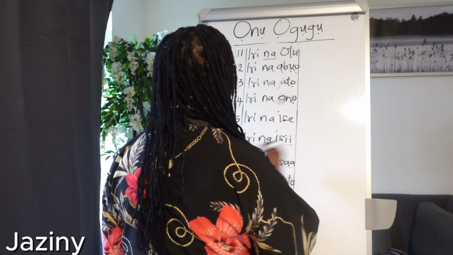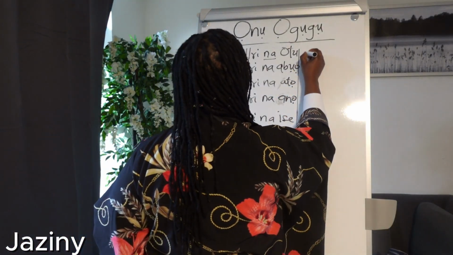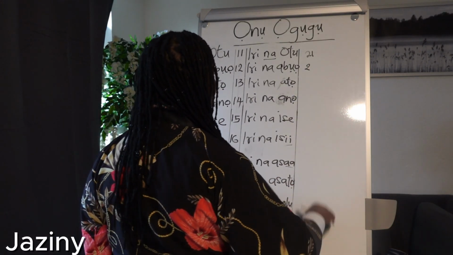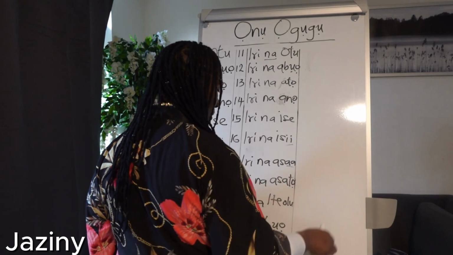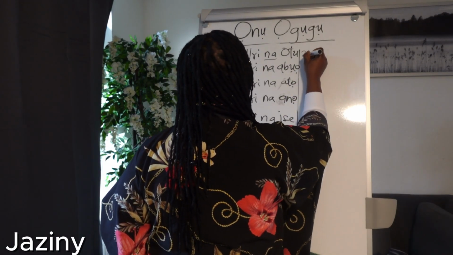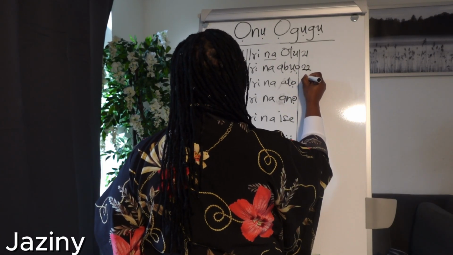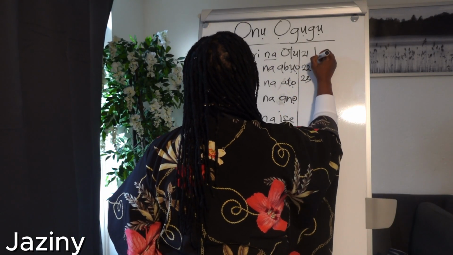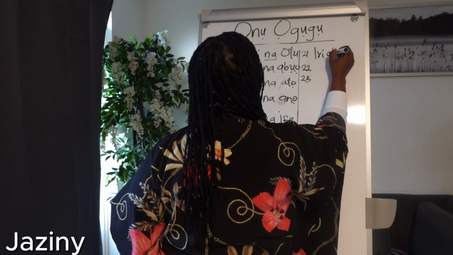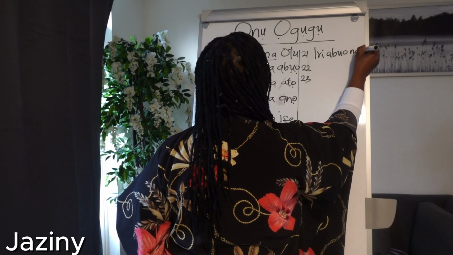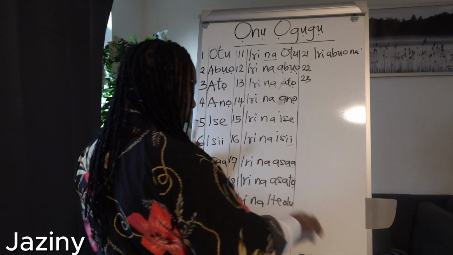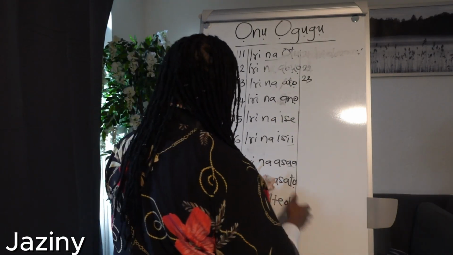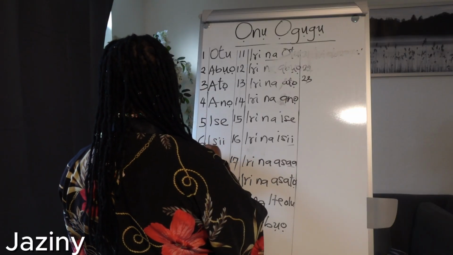So I will need space here because I'm going into 21, 22. Let me maximize my space. 21, 22, 23. Let me see if this space will be enough. We have iri abo na otu. I don't want to just manage space. I need you to see what I am doing.